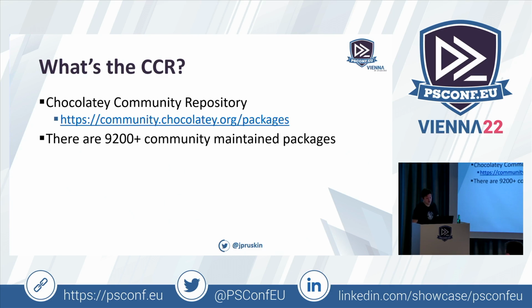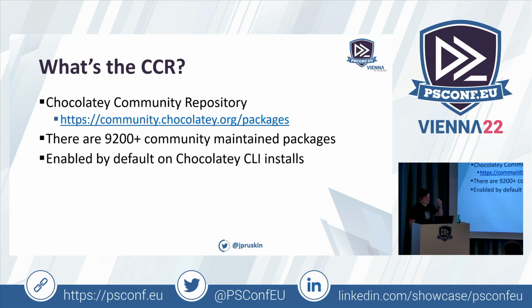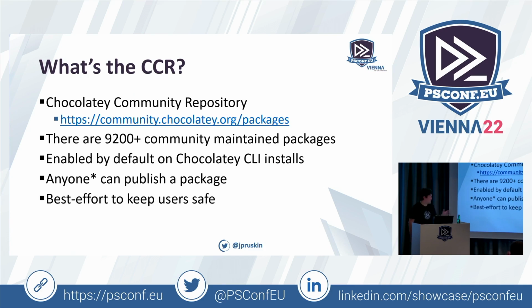So it's got a lot of unique packages, most of which have a bunch of versions available. It's enabled on all Chocolatey CLI installations by default, and it's the default source that it'll use unless you take steps to disable it. We allow anybody, until proven guilty, to publish packages with a few conditions that we'll go into in a second. And that's all pending verification, validation, and review by automated services and volunteer moderators alike.